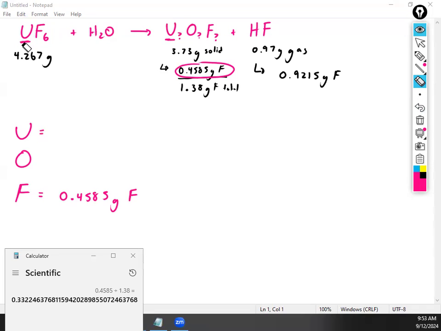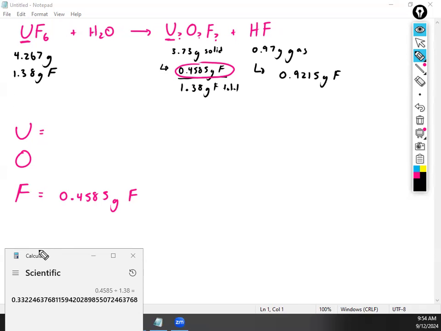All right, so again, just to reiterate, all of the uranium inside of the solid came from UF6. And so if you can find the uranium in here, you can find out the uranium in here. Lucky for us, what did we just find out about UF6 in the previous section? We found out how much fluorine was in there. If you look back at part B, you can see that there is 1.38 grams of fluorine inside of UF6.